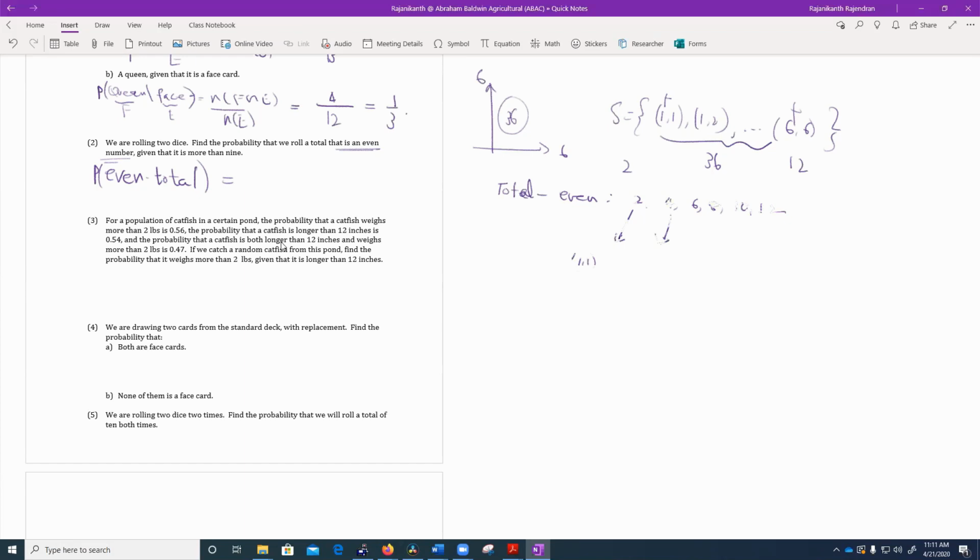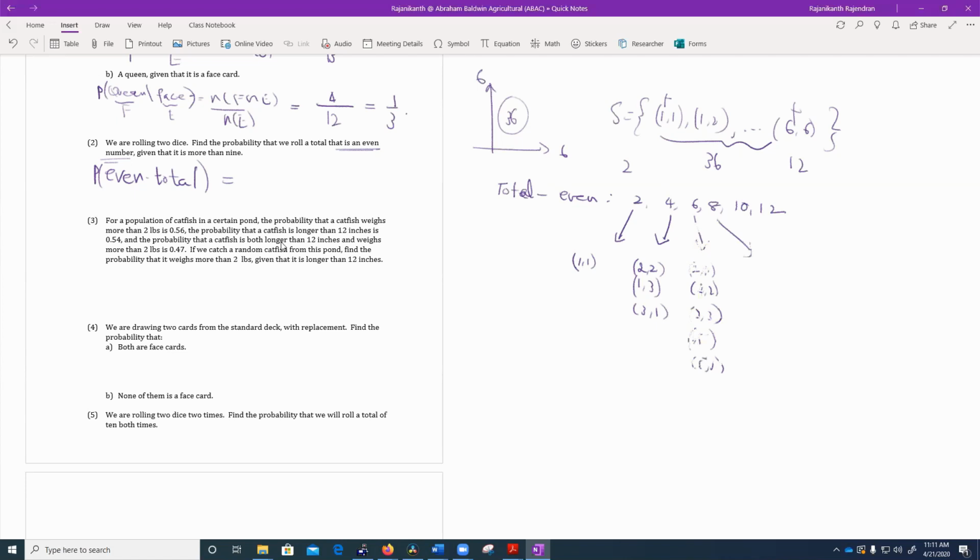To get 4, my outcomes would be 2,2, 1,3, and 3,1. To get the total 6, my outcomes are 2,4, 4,2, 3,3, 1,5, and 5,1.